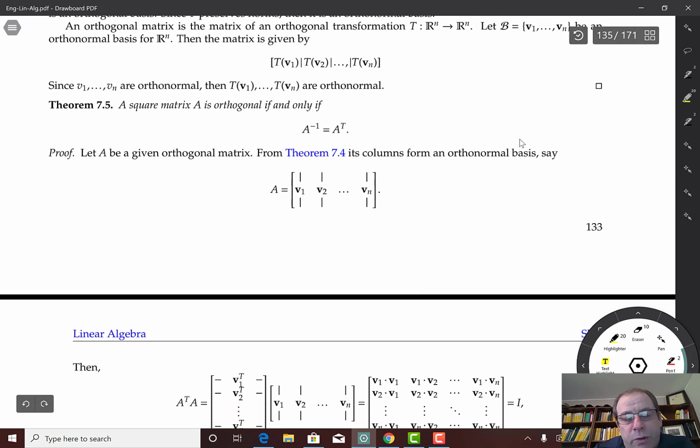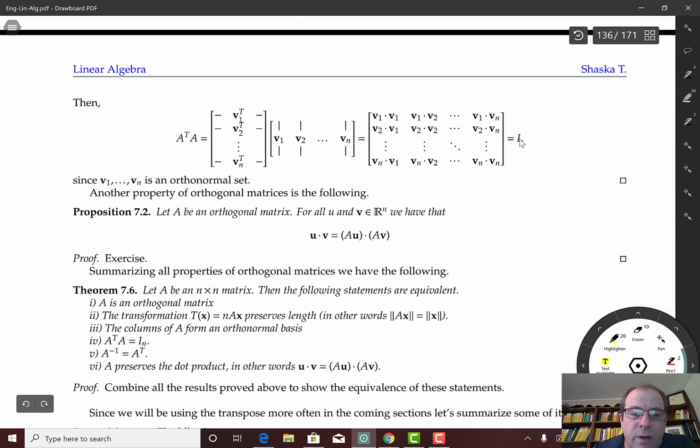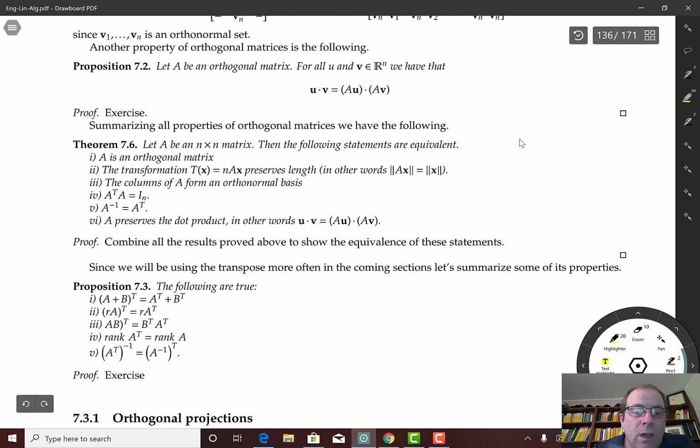The next thing we proved, and I call them theorems mostly to bring them to your attention, but they are really easy exercises. The next result is that a square matrix A is orthogonal if and only if its inverse is the same as its transpose. And here you have a quick proof of that. Okay, so proposition 7.2, it's an easy exercise.